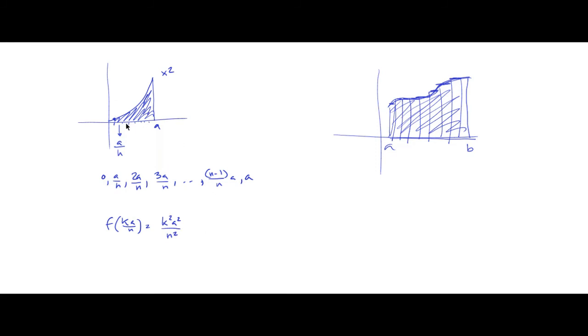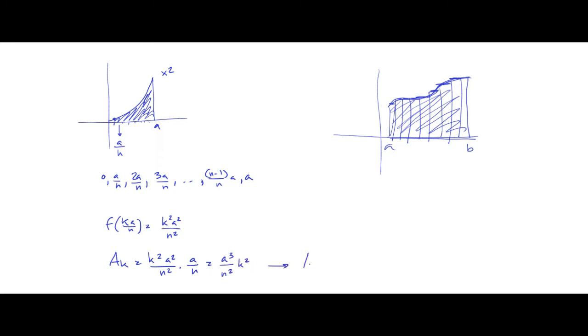Now the area of each one of these rectangles, the kth rectangle, is just this function value times the width, which is A divided by n. So you have A cubed divided by n cubed times k squared, right?